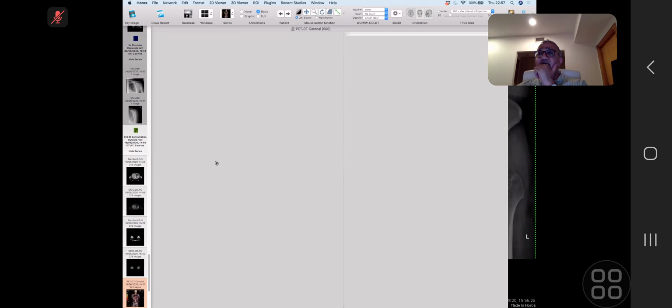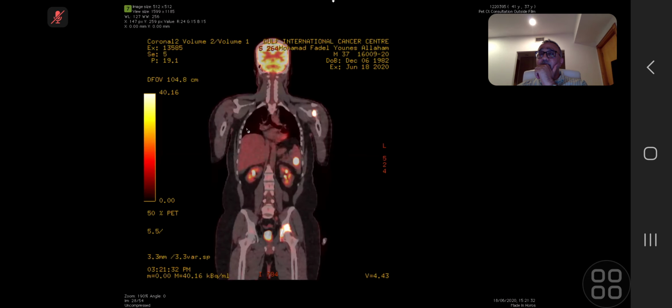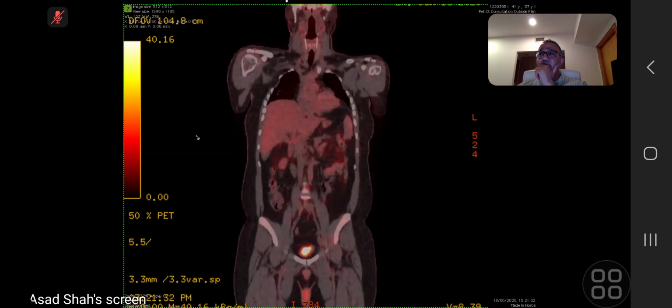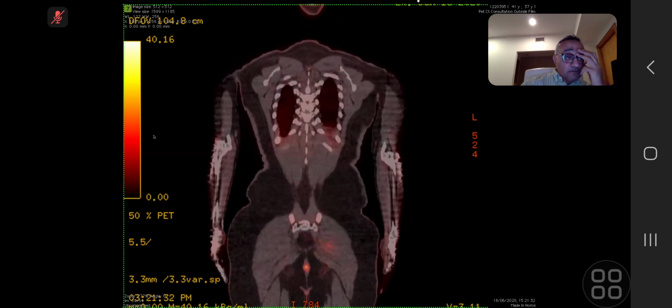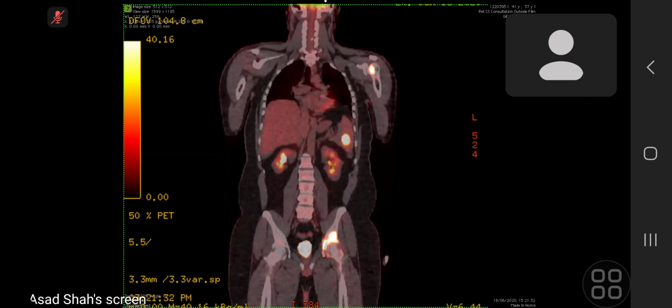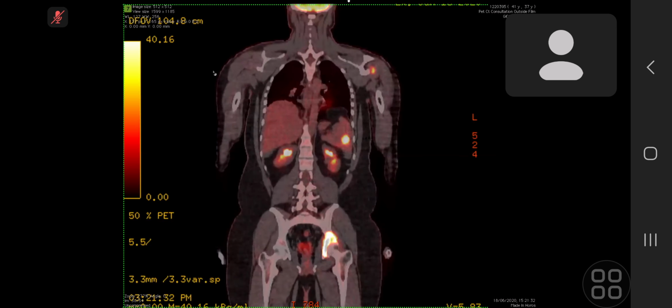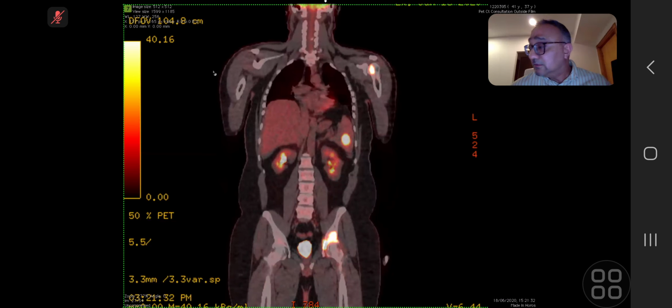Right. Okay. The patient had a PET scan. So I'm going to scroll it. And what do you see on this image? I can see the increased uptake in the left humeral head and the spleen and in the corresponding place of iliac and acetabular region.